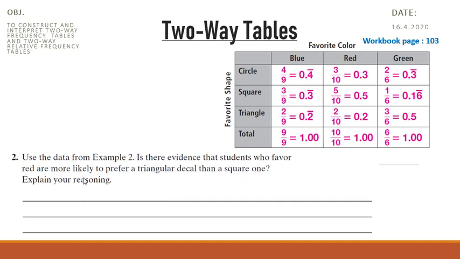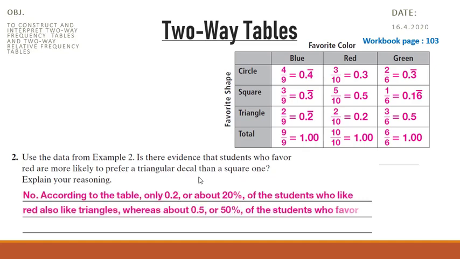Okay, finish. According to this number 2, do you have the answer, Muhammad? Yes. Okay, Muhammad Abdul Baqi. There is 0.5 or 50% of students who favored red square, over 0.2 or 20% of students who liked red triangle.